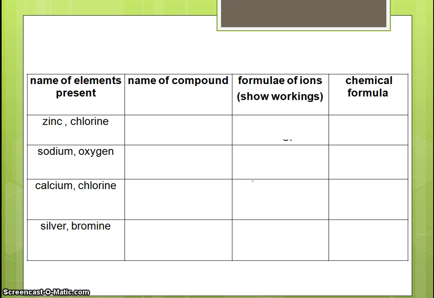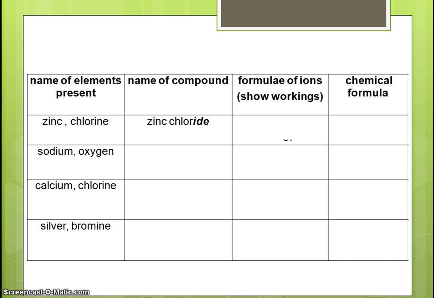Let's look at the first example. Given zinc and chlorine, what will be the name of the compound that is formed? Zinc and chlorine will form the ionic compound zinc chloride. For the name of an ion formed from a non-metal, the name of the ion ends with -ide.